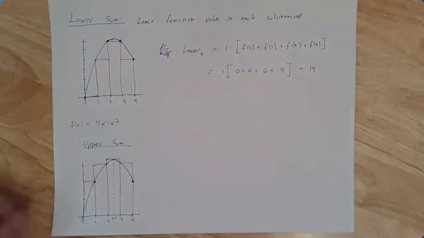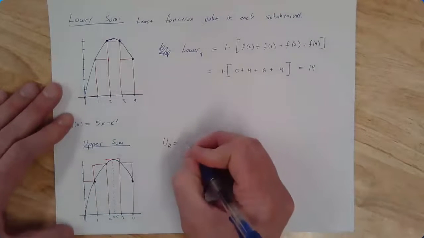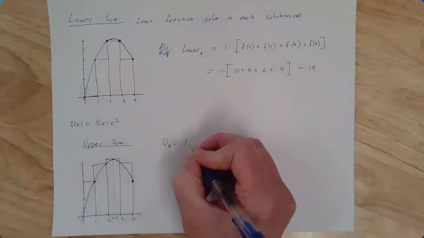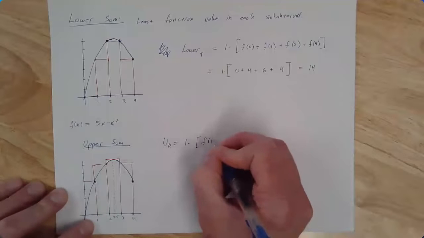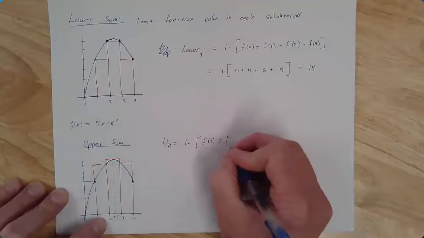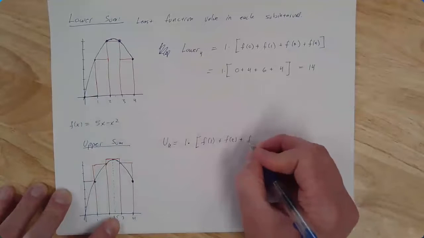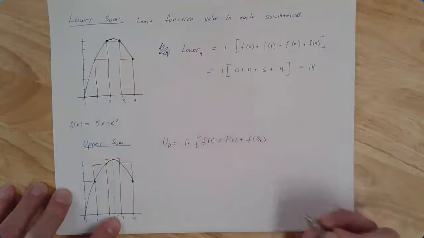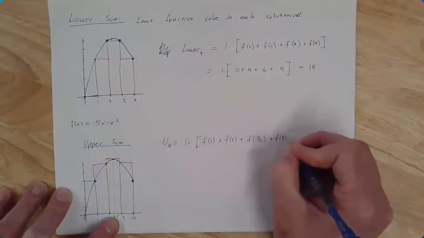So here our upper sum, using 4 subintervals, would be, again, each rectangle has a base of 1. Then we're going to have f of 1 for the first height, f of 2 for the second height, f of 5 halves, or 2.5, whichever way you prefer, for the third height, and f of 3 for the fourth height.